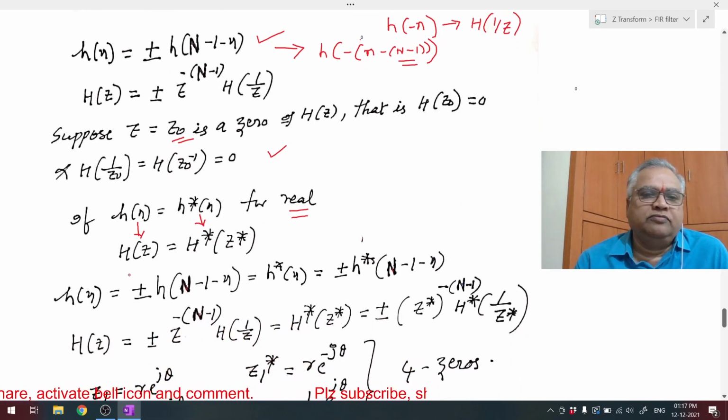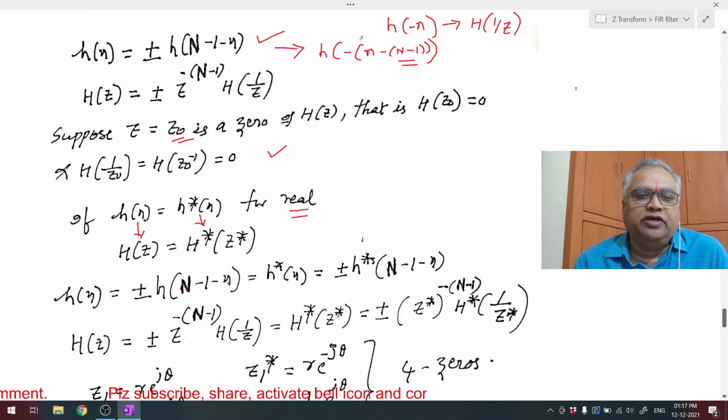So this is the equation h of n equal to plus or minus h of n minus 1 minus n, is also equal to h star of n, because h of n equal to h star of n, also equal to plus or minus h star of n minus 1 minus n. It is based on this.